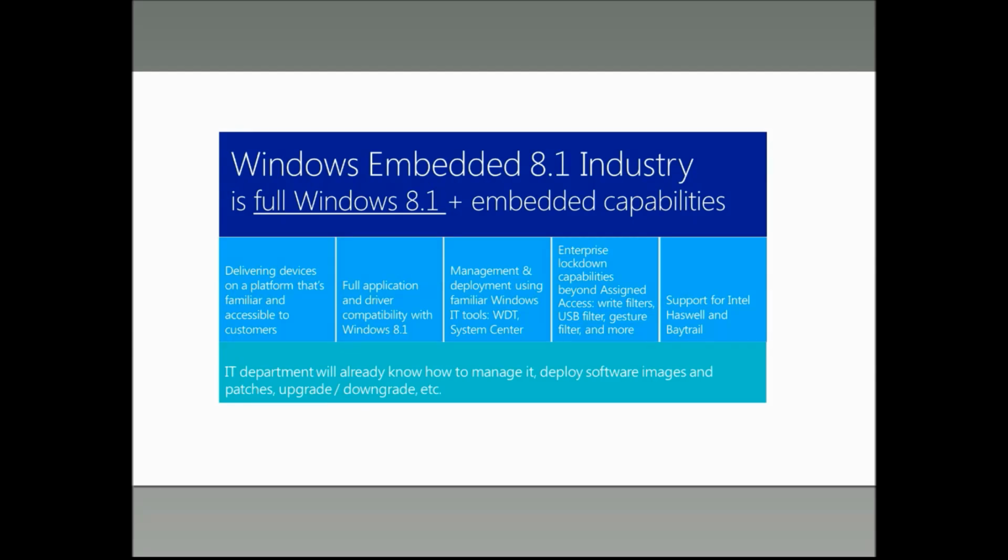The deployment and servicing tools that anybody can use with Windows today, the deployment kit, System Center Manager, the Windows Server Update Services, all those tools will work the same way on a Windows Embedded 8.1 Industry device or Windows 8.1 devices. So this is really the reason why we moved the industry product line into that direction, which is actually a big change for anyone following the Windows Embedded technology roadmap in the last 5 or 6 years. Next slide, please.